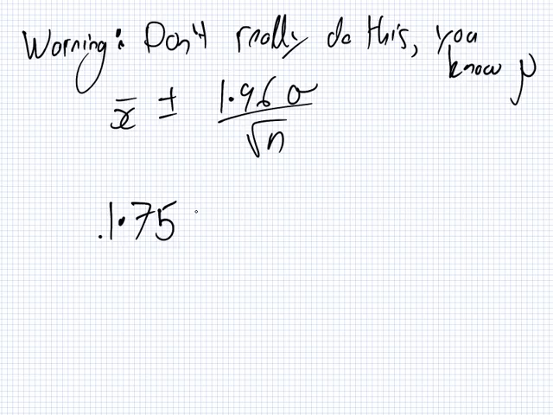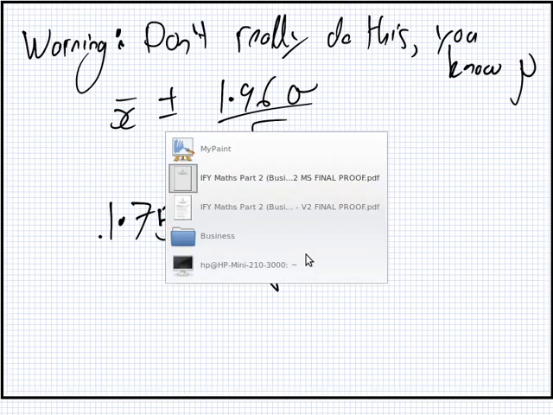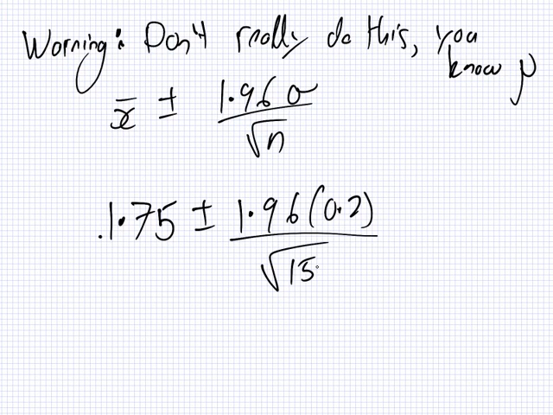It's 1.75 plus or minus 1.96, 0.2 over square root, how many people? 150, wasn't it? Yeah. So whatever that is. Let me just get the part of the back.